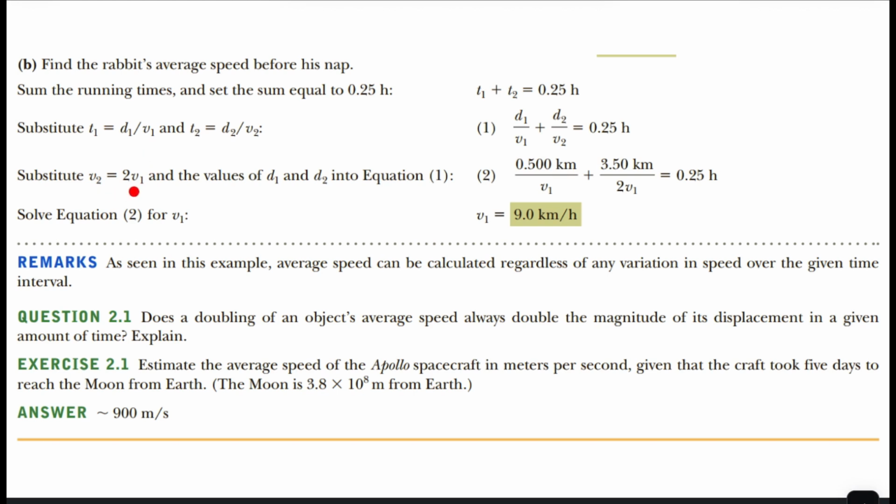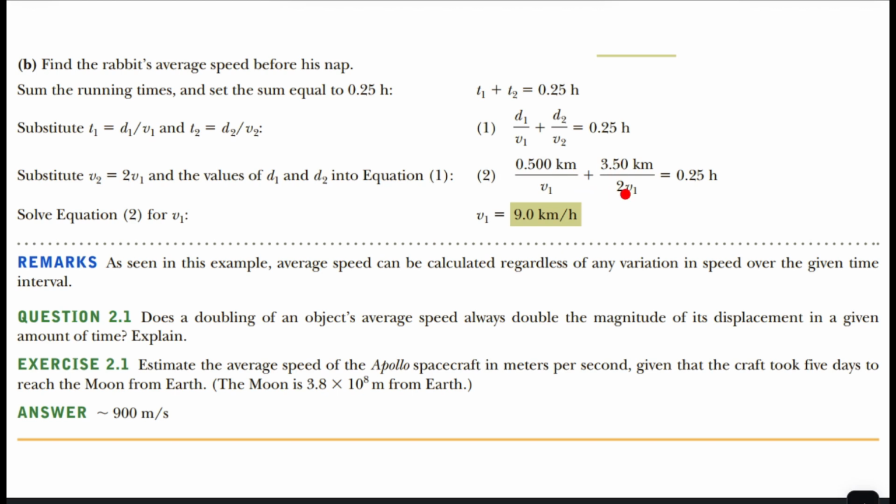The rabbit moves twice as fast as before it takes the nap. So we know that V2 is actually 2 times V1. So we're going to substitute the information here for V2 and here the information of D1 and D2.